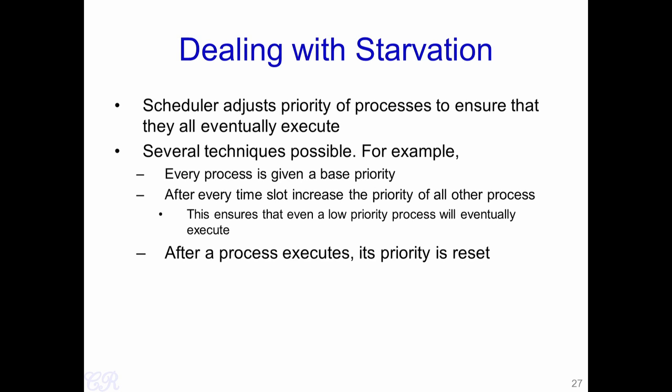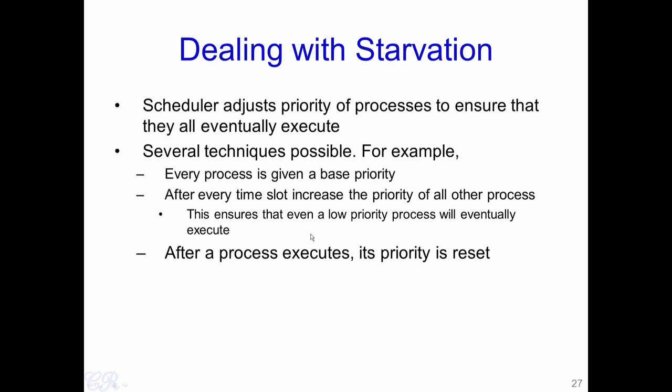A high priority process will be given a high priority number, while a low priority process will be given a low priority number. Now, after every time slot or time slice, the priority of the process is increased by a fixed value. So, essentially all processes in the ready queue have their priority increased by a fixed value, except for the process that is currently being executed in the CPU.